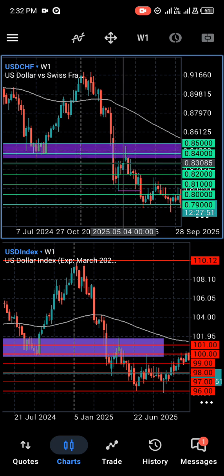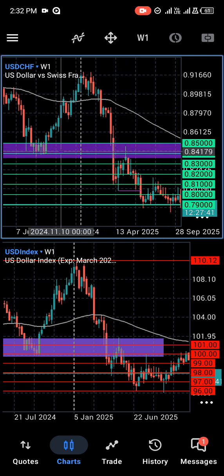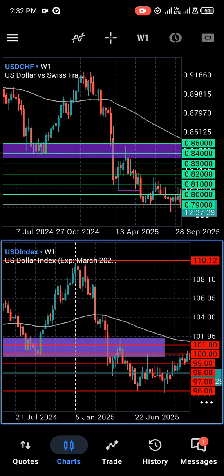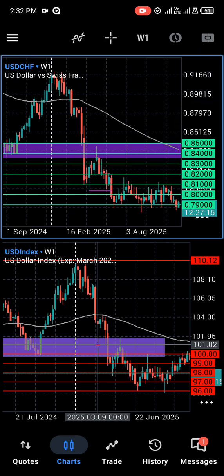Since we have more bearish momentum on USD CHF in correlation with the DXY, we can see that on this zone here, the so-called resistance after being broken from support, we had this psychological level sitting around here, and also on the DXY we had the same psychological level sitting around here, the 101.00, and so that zone is a very crucial zone.